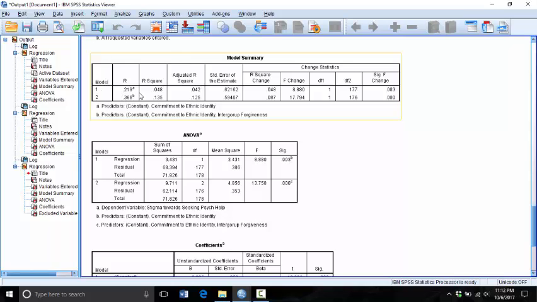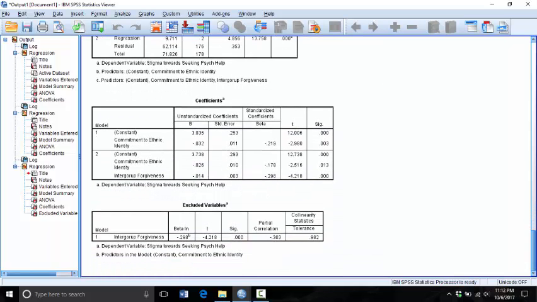And then when we added in intergroup forgiveness, that told us an additional 8.7% of the variance in stigma toward seeking help. And here, if we look under our significance numbers, they're both less than 0.05, so again, both significant predictors. You see that also here in the ANOVA table.